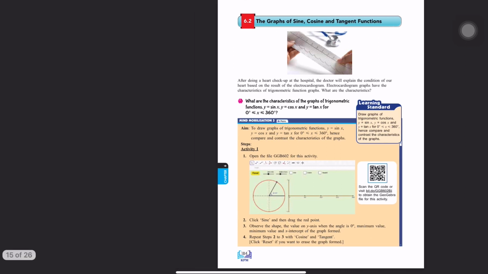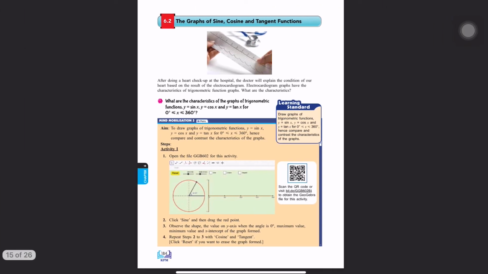Okay, so next class we're going to continue with the graph of sine, cosine and tangent function. Okay, we will learn how to sketch the graph. Okay, what is the shape of the graph if given a certain amplitude or certain period.